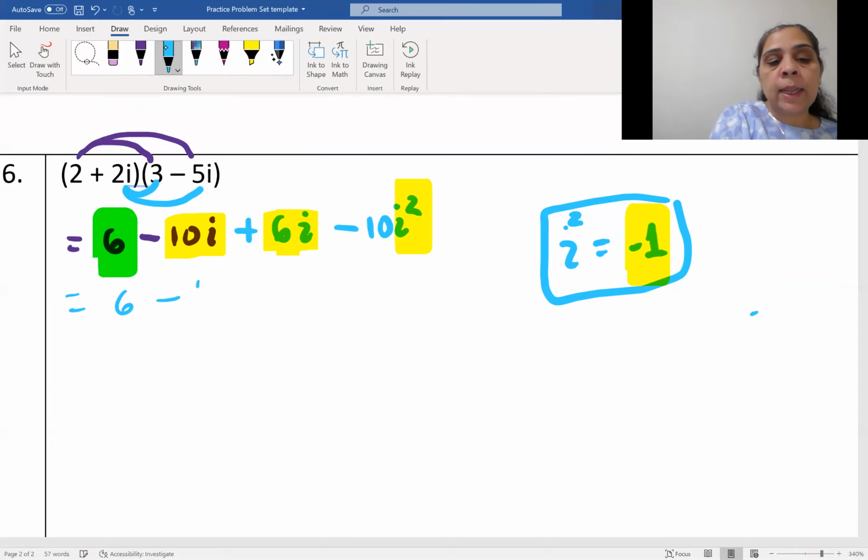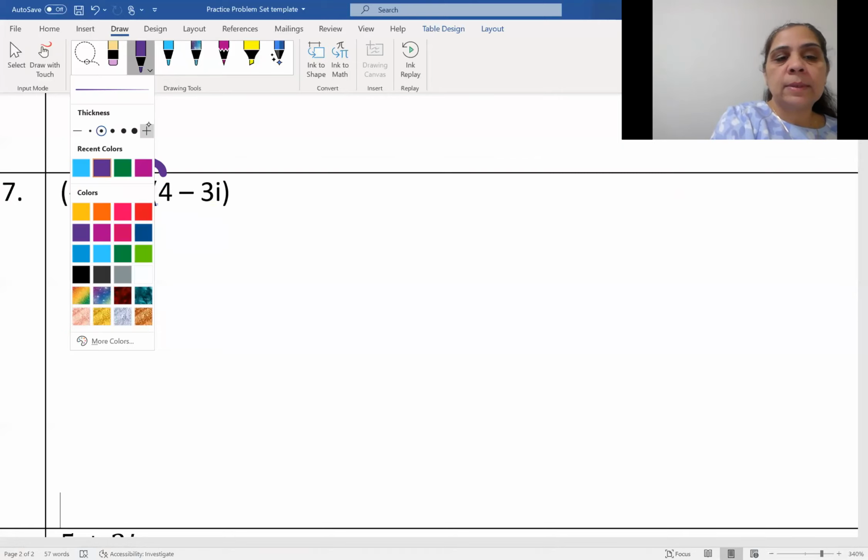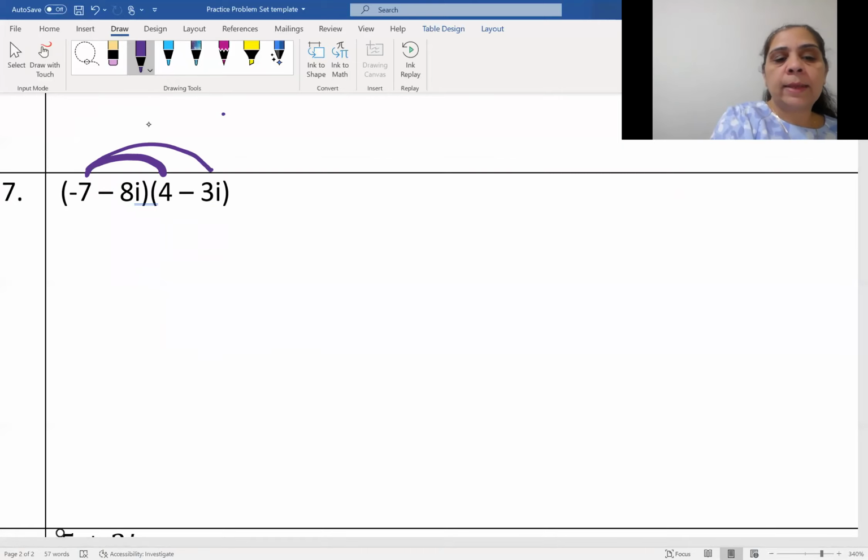Everyone did it? Okay. So what is step 1? Distribute. Negative 7 times 4 is negative 28. Negative 7 times negative 3i is plus 21i. Then we distribute negative 8i.